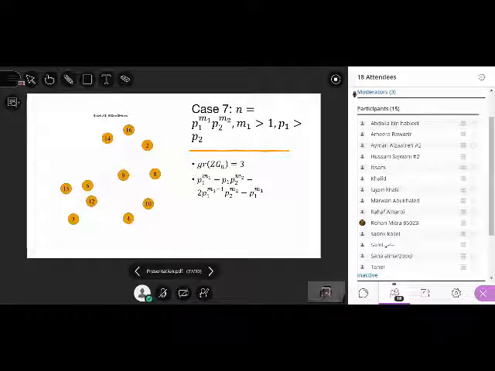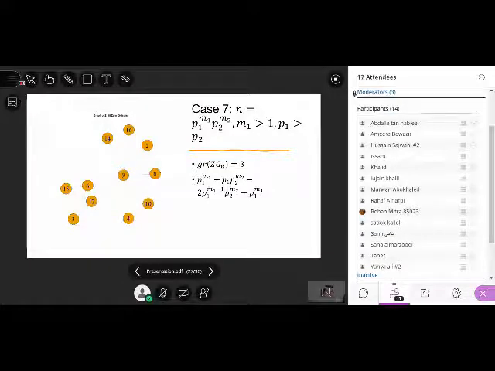And the odd cycle in our case is P1 to the power of M1, which is adjacent to P1 times P2 to the power of M2, which is adjacent to 2 times P1 to the power of M1 minus 1 times P2 to the power of M2, which is, again, adjacent to P1 to the power of M1. One case is Z18, which is 3 squared times 2.